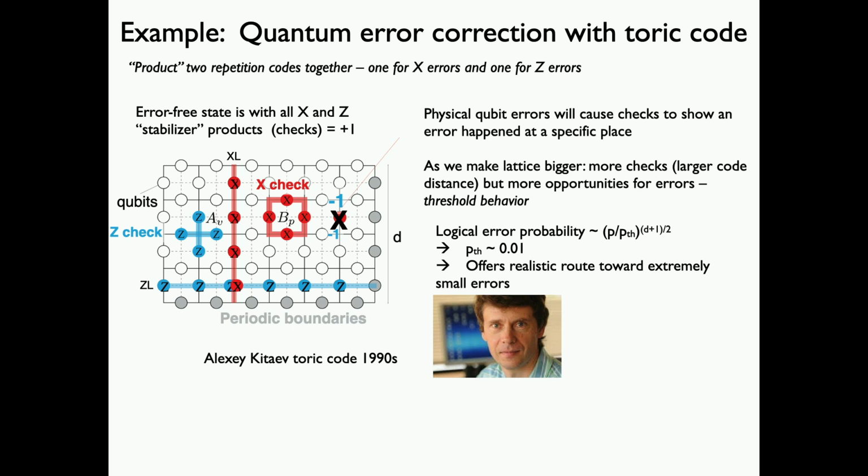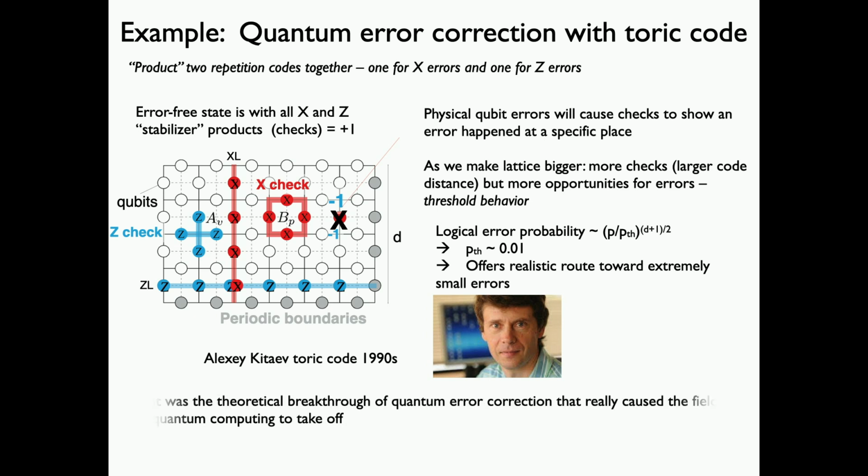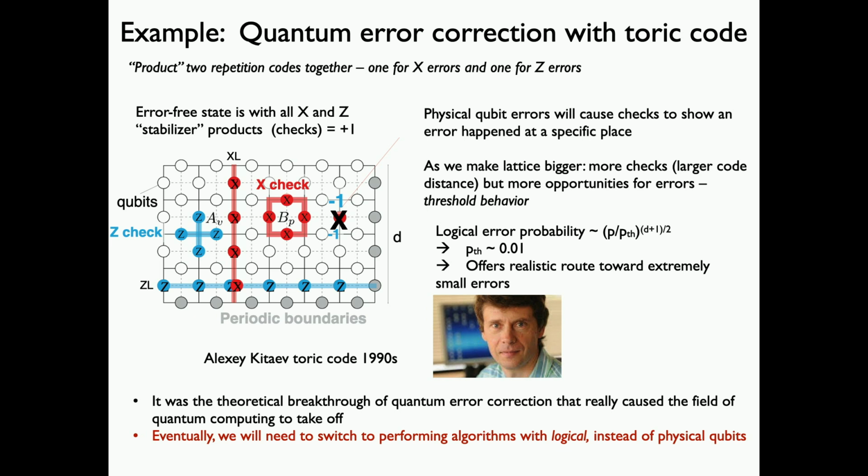This is also an example showing why implementing this error correction in practice is actually challenging. In particular, you need to have a lot of redundancy, right? You need a lot of physical qubits to encode this logical qubit.